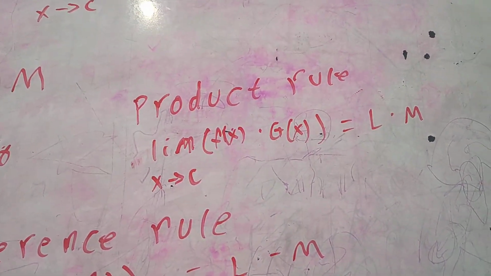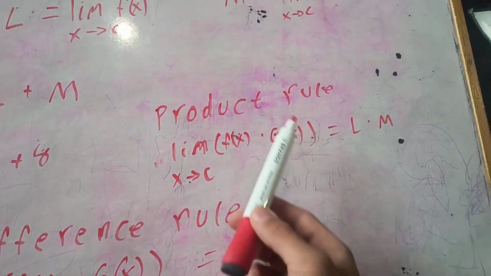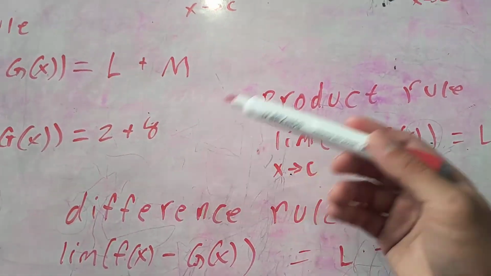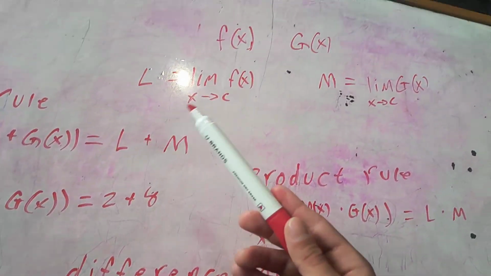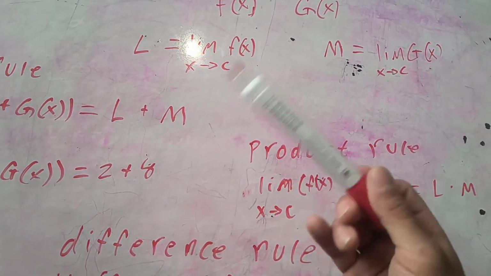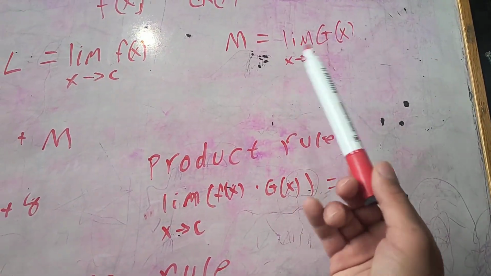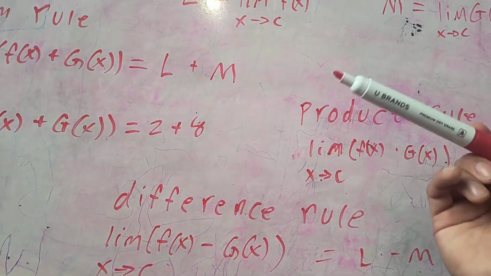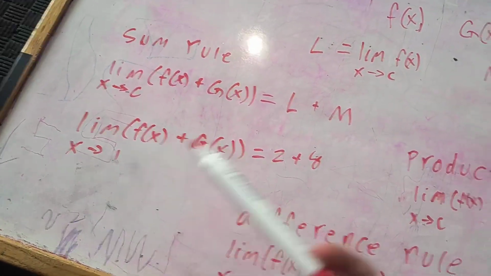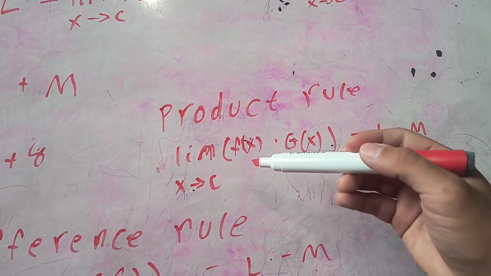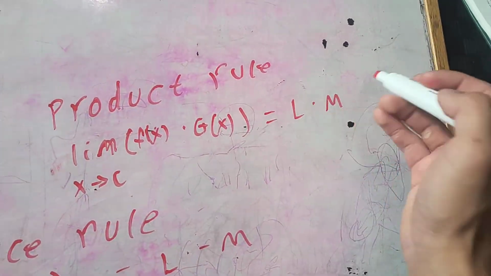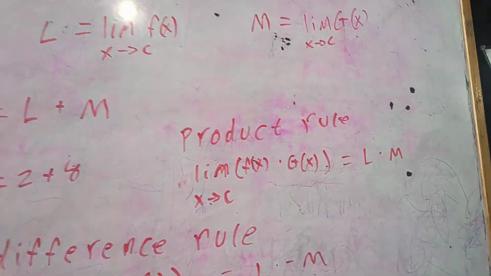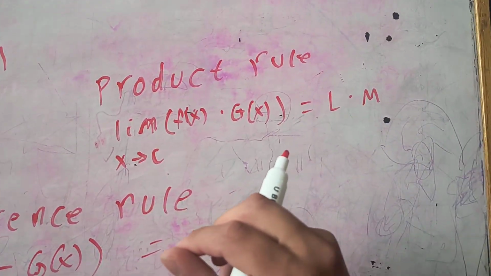It's the same thing. Again, if we knew the limit of f of x as x approaches c is 2, and the limit of g of x as x approaches c, which is m, is equal to 4, and we wanted to find the limit when we multiply g of x and f of x together, we could just multiply 2 and 4 together to find out the limit.